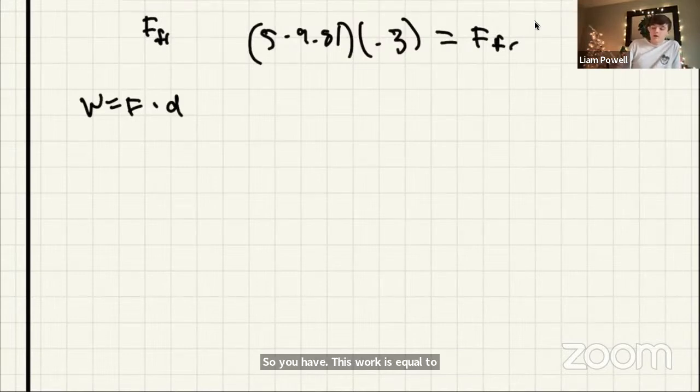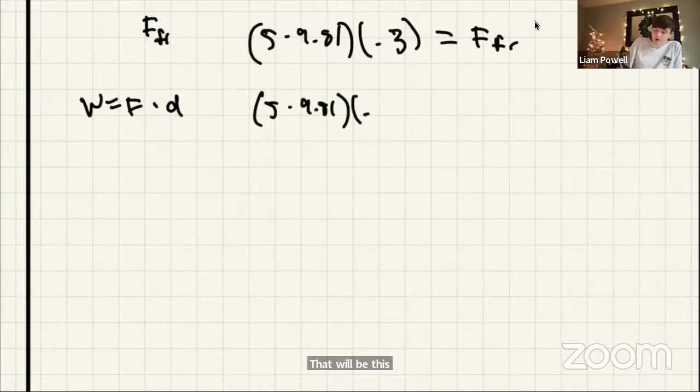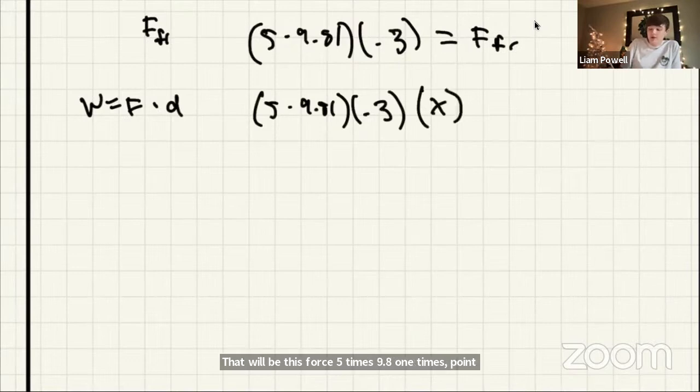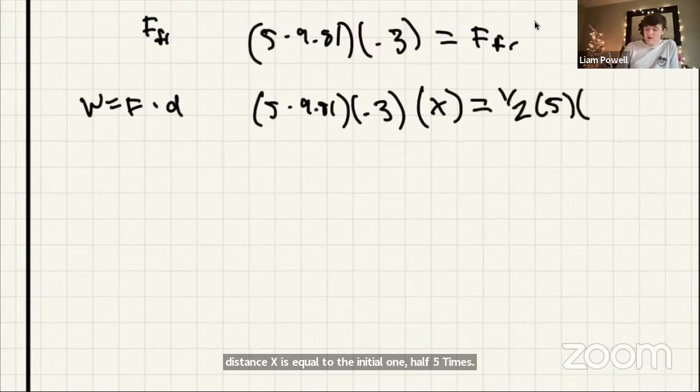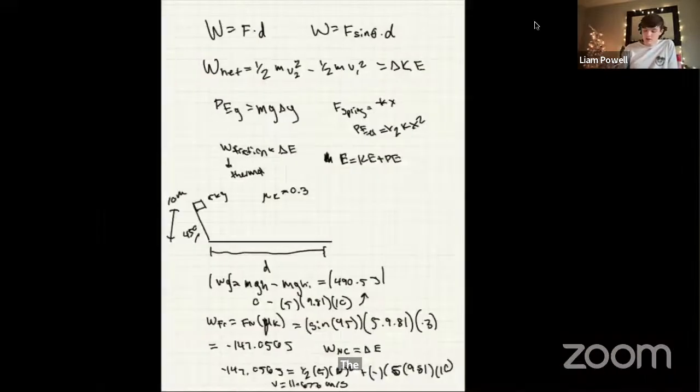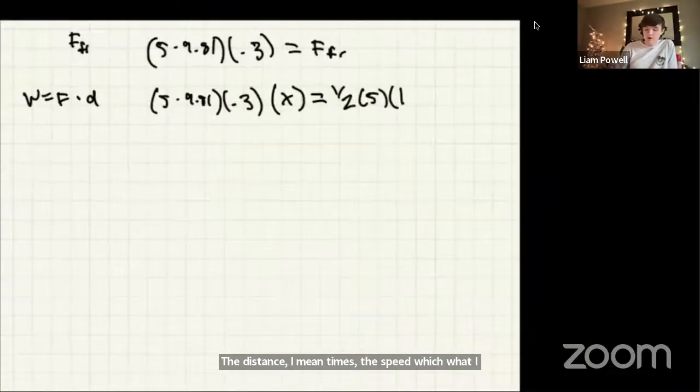So of all forces, that will be this force, 5 times 9.81 times 0.3, times the distance x, is equal to the initial one half times 5 times the speed squared, which I said was 11.673, minus the final, which is 0 because the velocity has stopped.